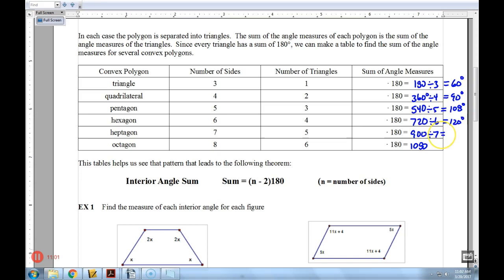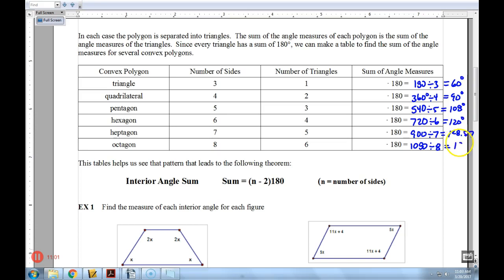Divide this guy, this one comes out kind of weird. It's a decimal. 900 divided by 7 is 128.57. So I always remember that one's kind of strange. And then the octagon, if I divide it by 8 sides, I believe that one comes out to be 135.